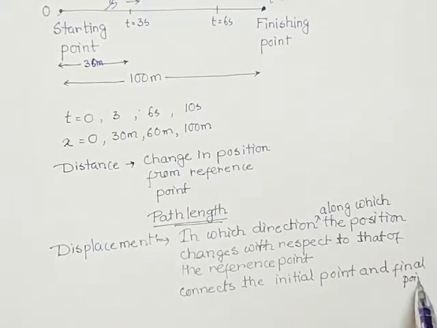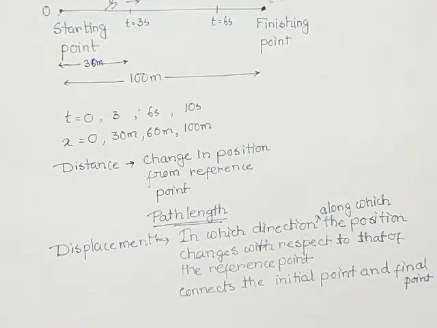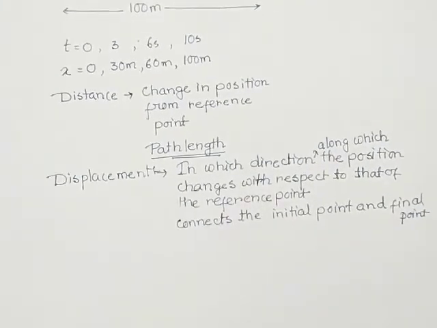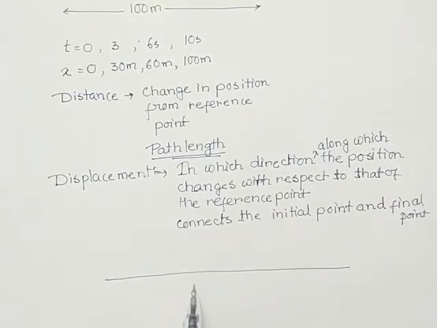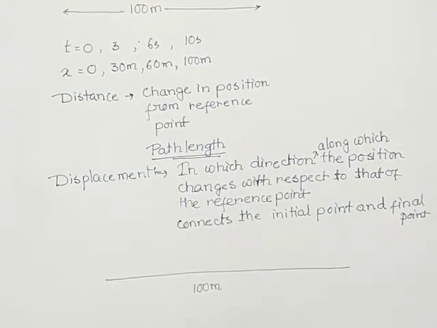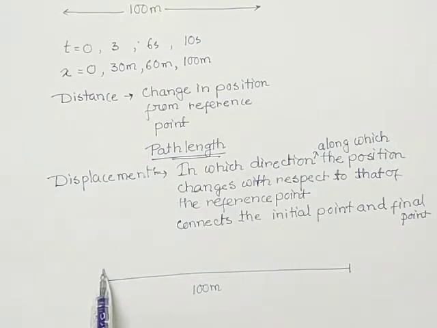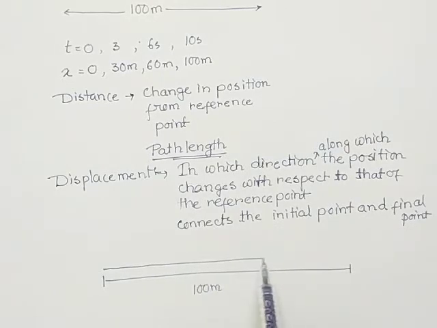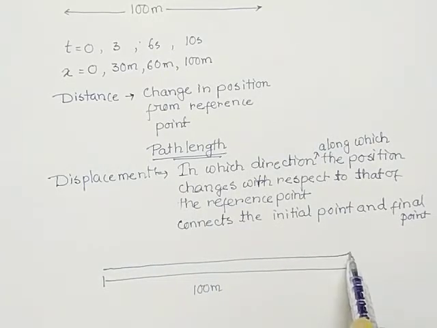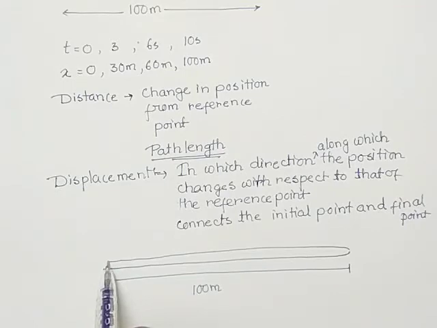If I want to look deeper into this, we can take an example. Consider a 100-meter race. Now the sports authority wants to decide that a 200-meter race will be performed on the same track. So the athlete starts from the starting point, continues along this direction, touches this flag and then returns back to the starting point.